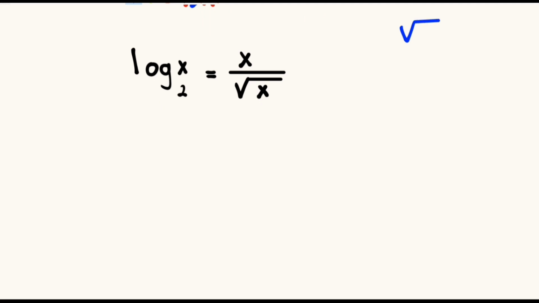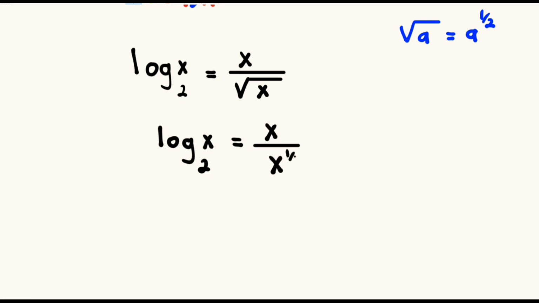Remember, if we have the square root of a, this equals a raised to the power half, so we'll express the denominator in the same way, where the square root of x will be expressed as x raised to the power half.